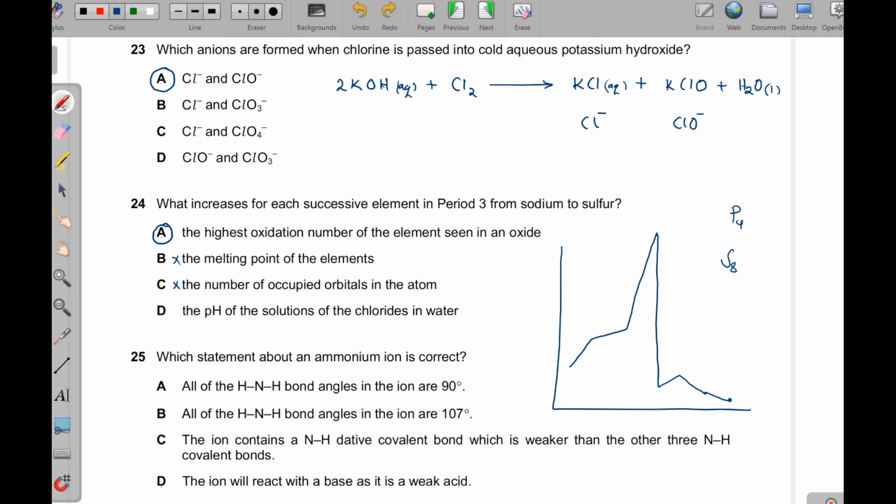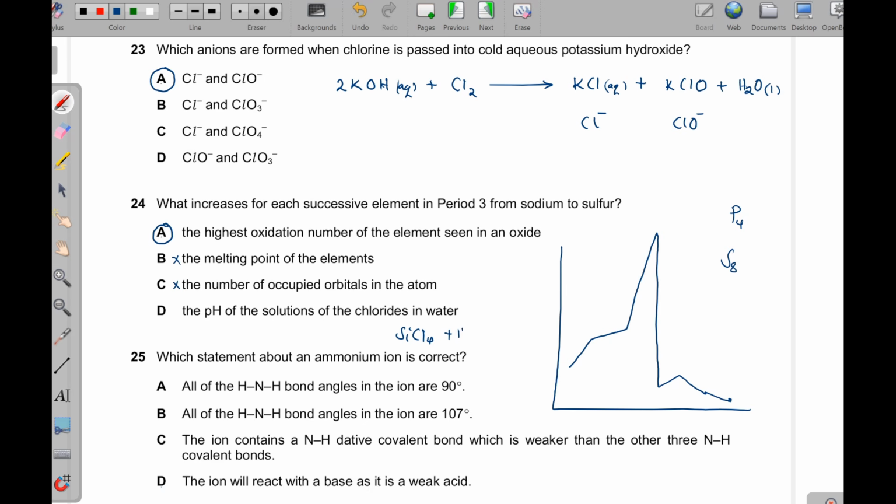Then D: the pH of the solutions of the chlorides in water. The pH doesn't increase, because as we go across the period, look at something like silicon chloride.